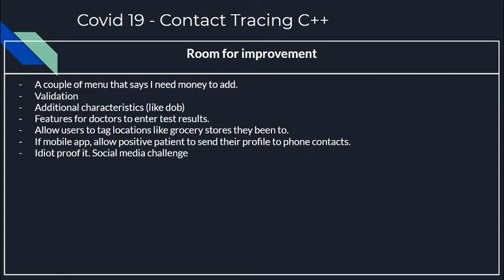Validation. So validation and the idiot proofing basically go hand in hand, because the last thing you need in any system that you're going to roll out that everyone has access to is some kind of stupid social media challenge where you just flood it with false positives. So each test should be validated.